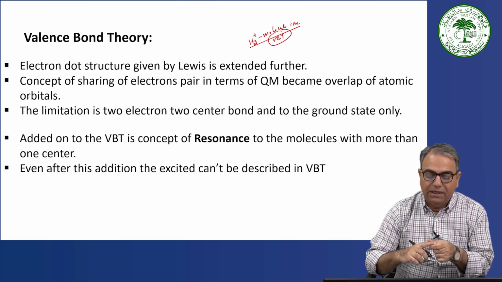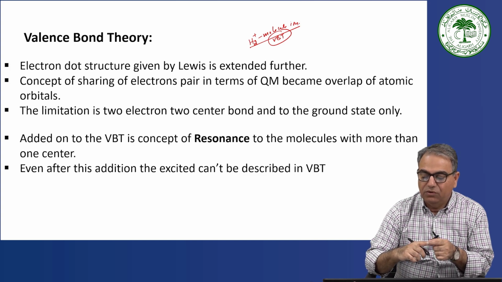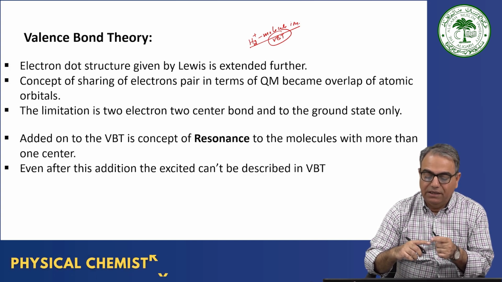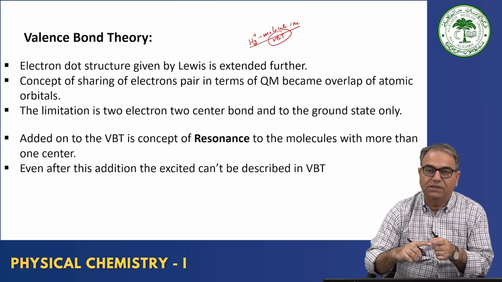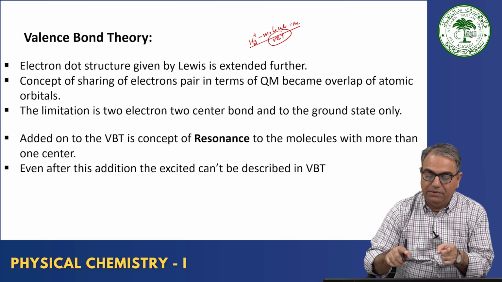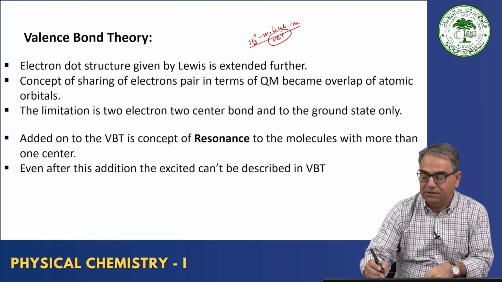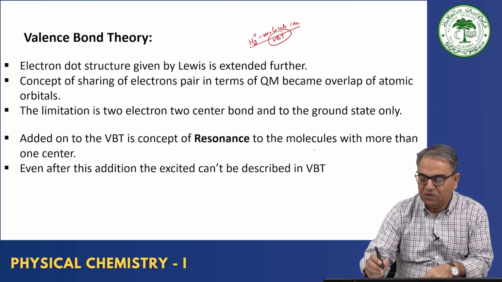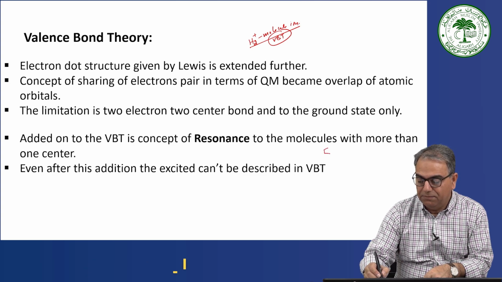Then we say that we can add the concept of resonance to VBT for molecules with more than one center. What does it mean? All of you have done resonance in organic chemistry, and the simplest example you were taught in school is the benzene molecule, where there could be a change in the bonding and you can have two different structures, or many more.